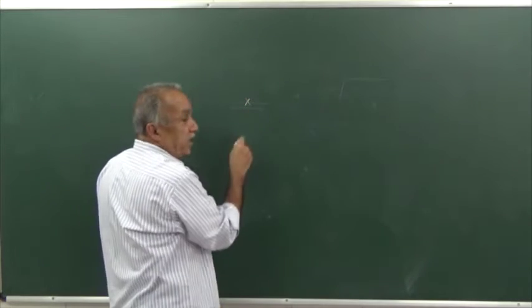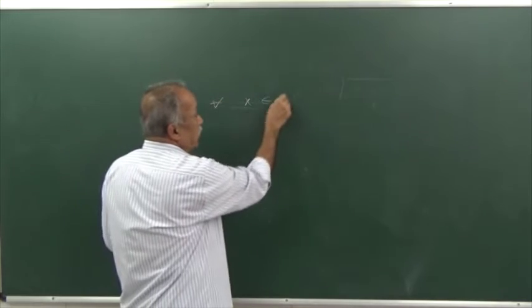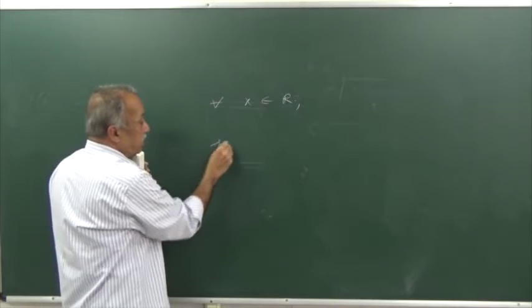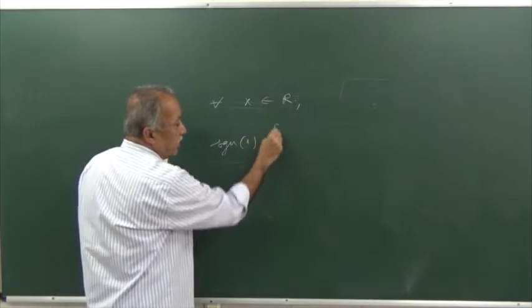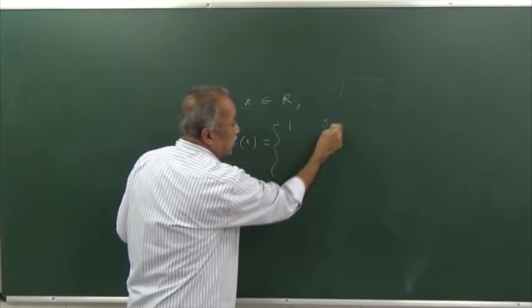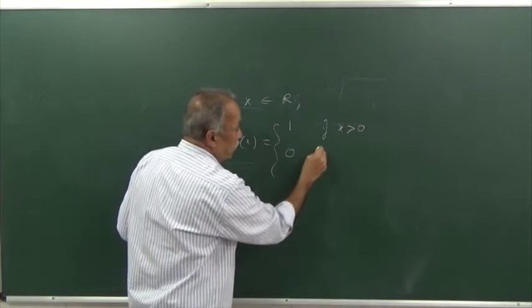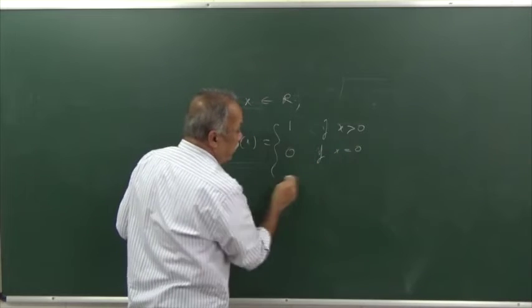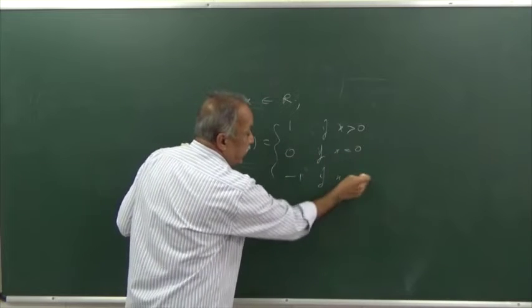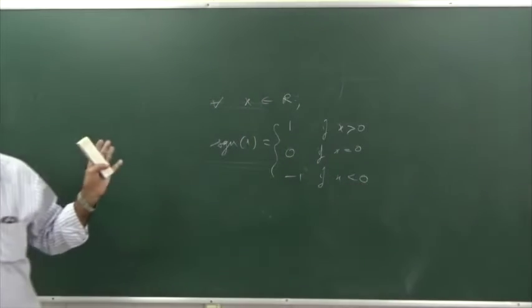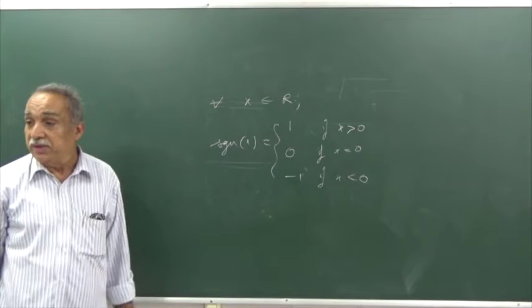For every x belonging to R, I define signum x to be 1 if the number is positive, 0 if the number is 0, and minus 1 if x is negative. That's all. This is how we obtain the signum of a number.